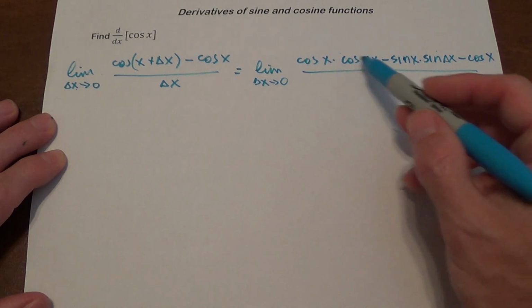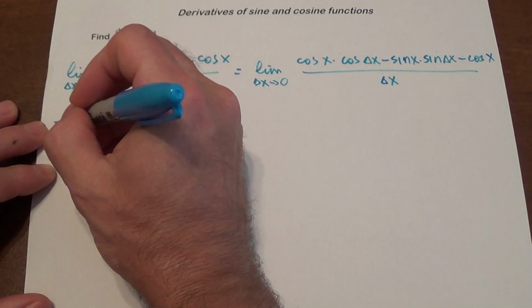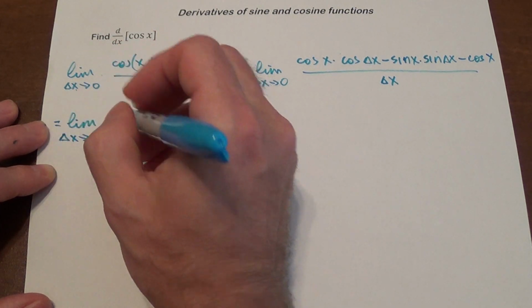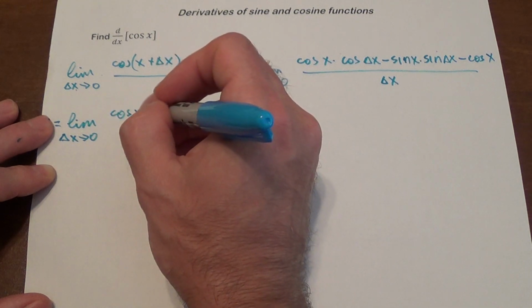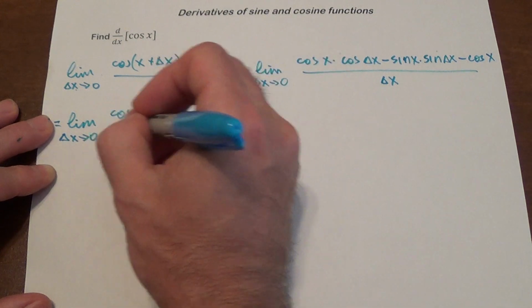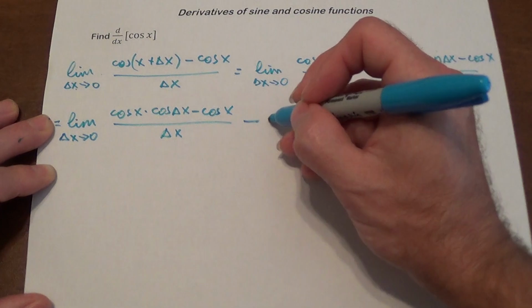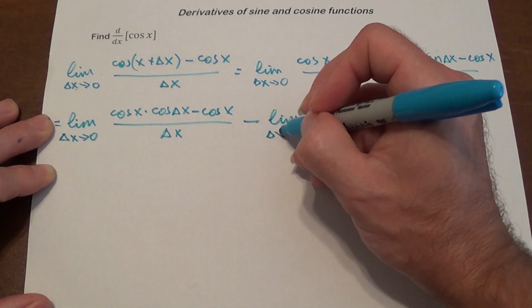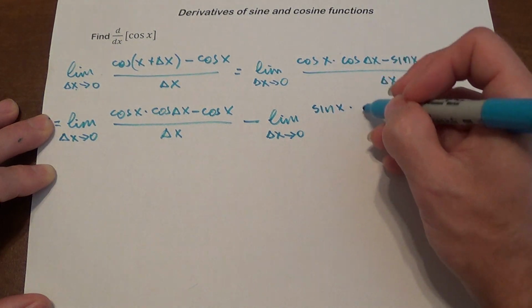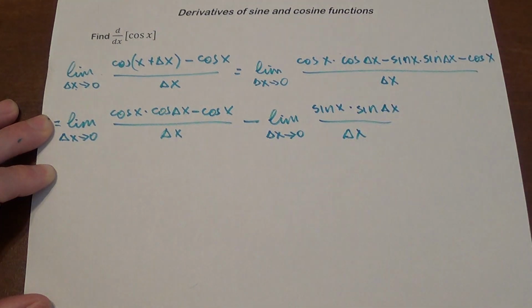Okay, we are going to do the same thing. We're going to take this here with cosine, put them together, so we split it into two limits. It's the limit as delta x approaches 0 of cosine x times cosine delta x minus cosine x all over delta x, minus the second limit as delta x approaches 0 of sine x times sine delta x divided by delta x.